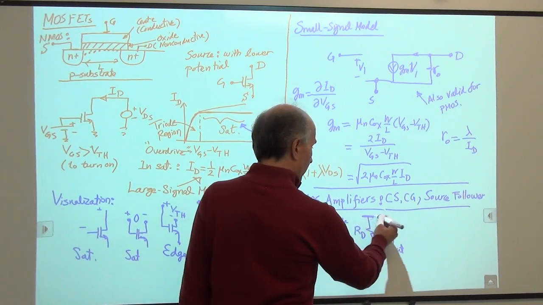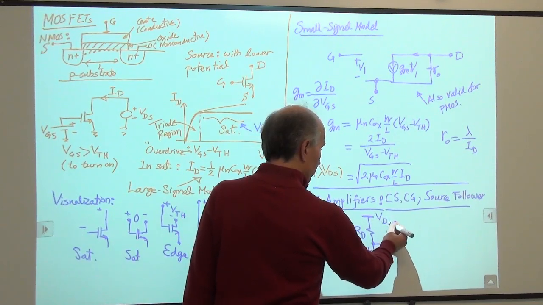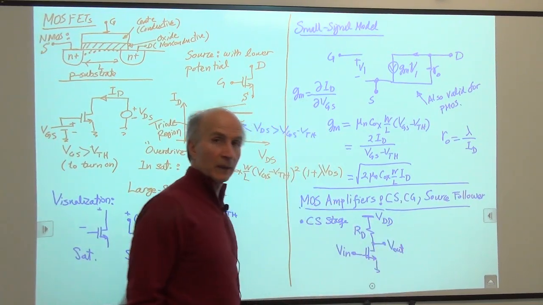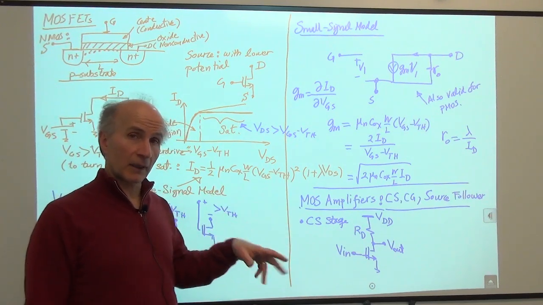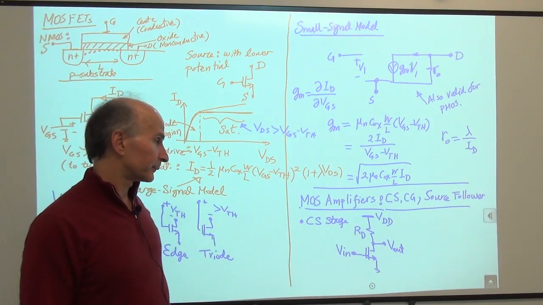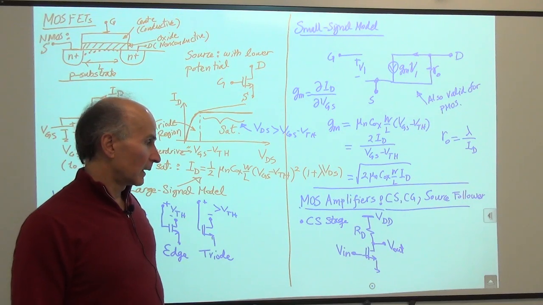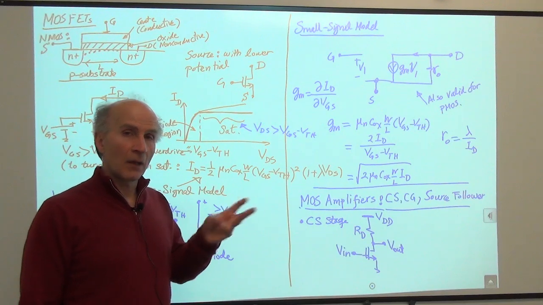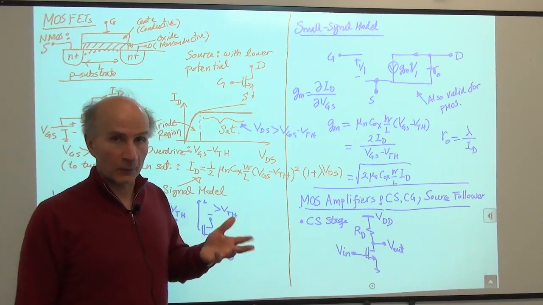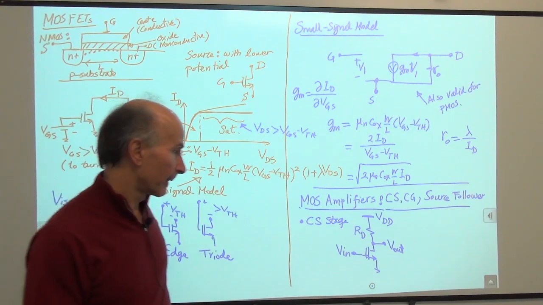We call this supply VDD, for drain. In the case of a bipolar circuit, we call it VCC, for collector. Okay, so as usual, we want to find three parameters: the voltage gain of the circuit, the input impedance or resistance, and the output resistance or output impedance.